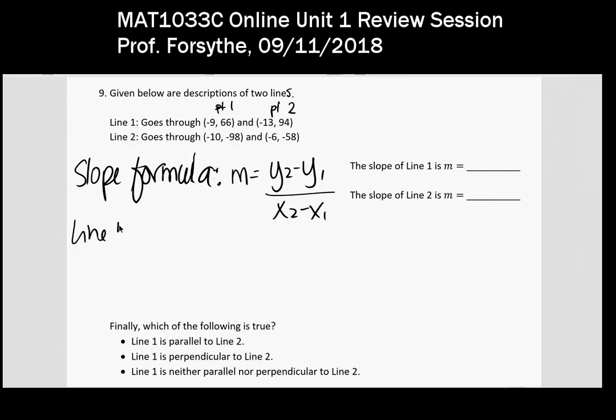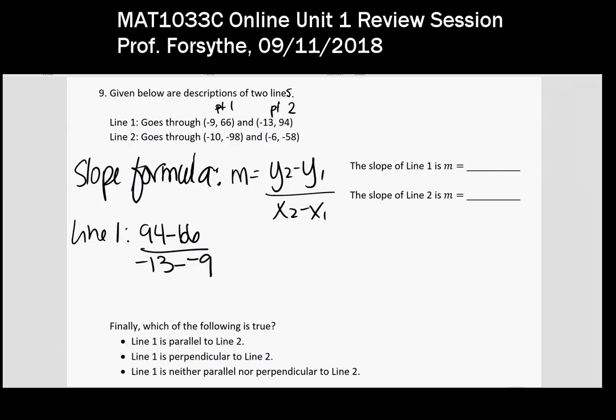So for line 1, let's take the y value in point 2, that'll be 94 minus the y value in point 1, 66, divided by the x value in point 2, negative 13, minus the x value in point 1, negative 9.